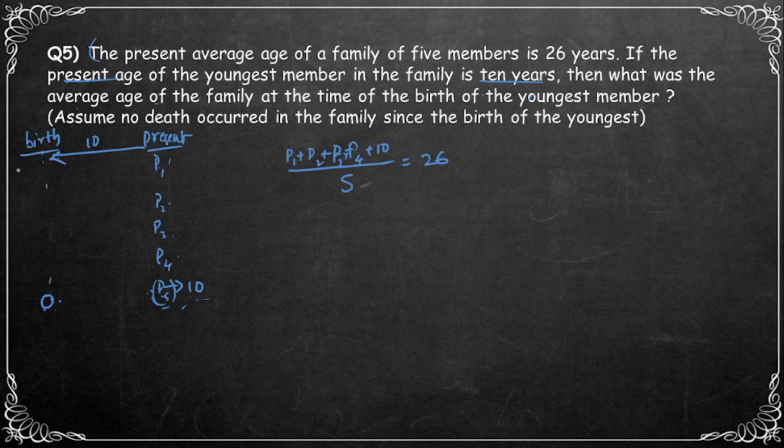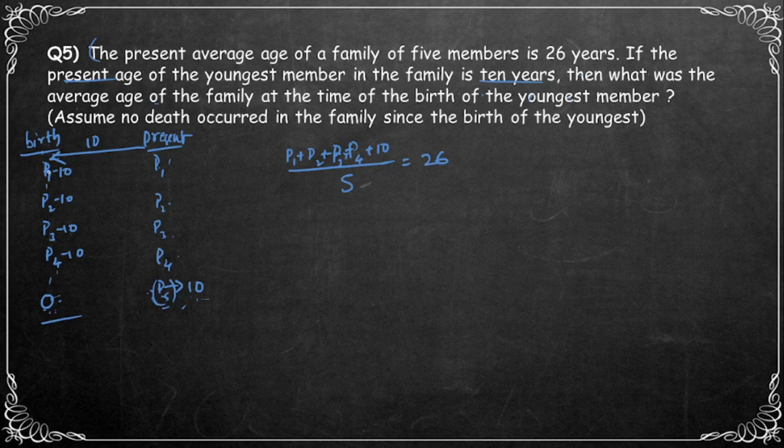That means the age of person 1 at the time of birth of person 5 will be P1 minus 10. Similarly, P2 minus 10, P3 minus 10 and P4 minus 10. Person 5's age will be 0. They are asking about the average age at this point of time.